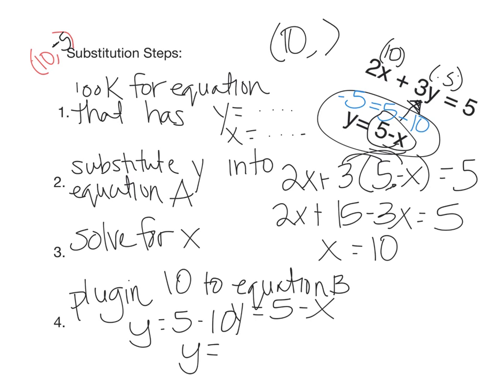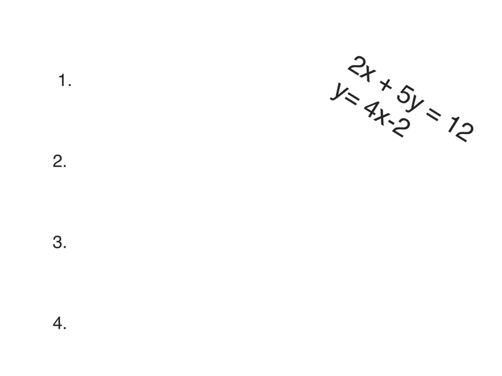So a solution means it's the ordered pair that fits into both equations. It is where the two lines cross. Remember how we graphed? It's where the two lines cross. So those are our two definitions. Okay, go on to the next page.